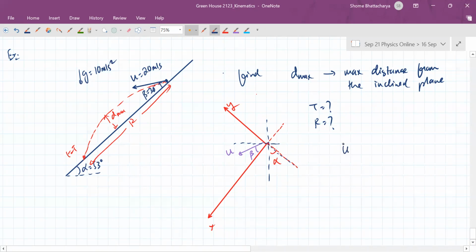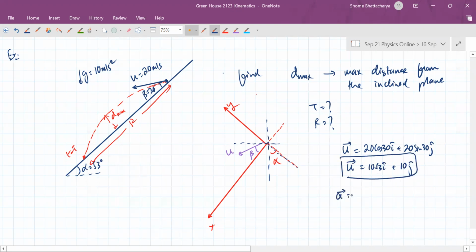So this is our initial velocity, and our acceleration is g into plus sine 53 i cap minus cos 53 j cap.